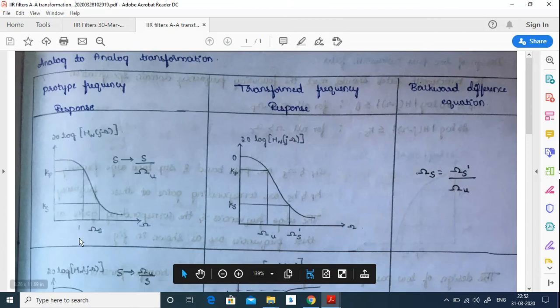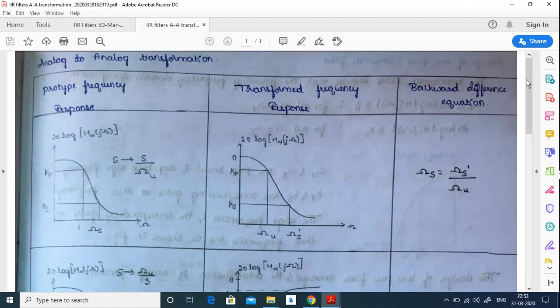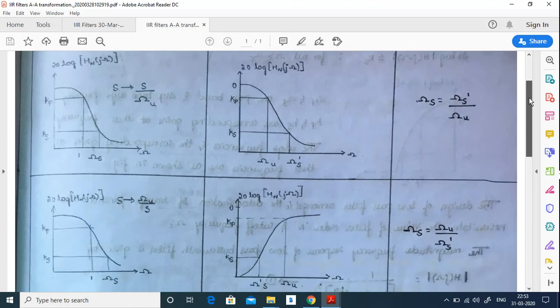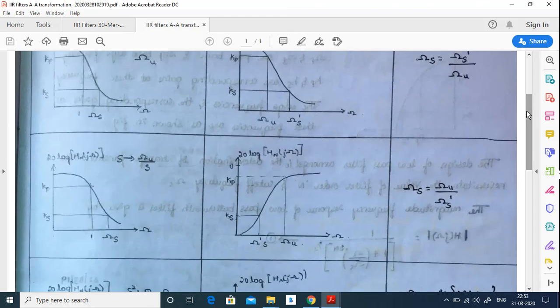Here, omega p is 1, of course, for normalized, but we need to find out the value of omega s, which may not be given in the desired filter. So if you want to obtain this particular value, then use this particular equation, that is omega s is given by omega s dash divided by omega u. Then you can convert the desired frequency response to the normalized one. That is the meaning of the backward difference equation. Hope you have understood.